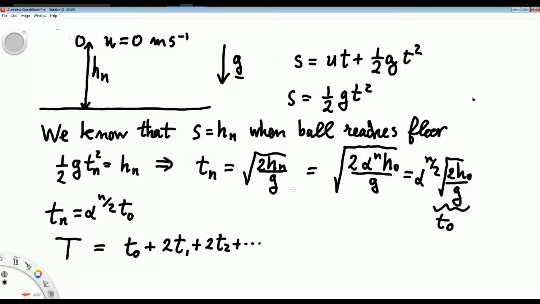So we end up with something which looks a bit similar to what we had before. We have something without a factor of 2 in front, and then an infinite number of things with a factor of 2 after that. So let's just play the exact same trick and say that this is just 2 into t0 plus t1 plus dot dot dot, close brackets, and then we compensate for this by subtracting the t0.